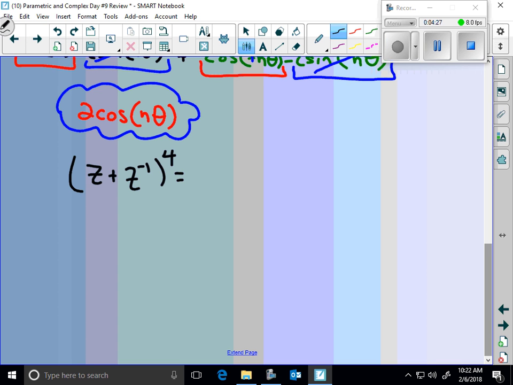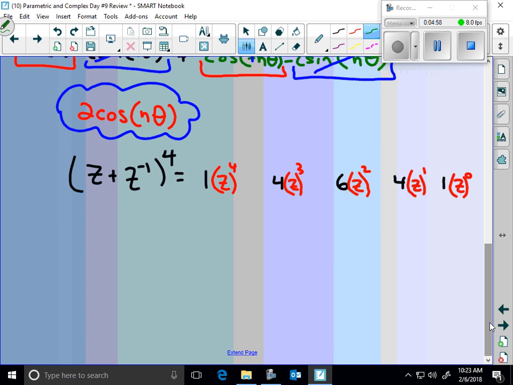Now let's expand using Pascal's triangle. Row 4, what numbers do we have? 1, 4, 6, 4, 1. Now let's talk about powers and how we're going to decrease and increase. This would be z to the 4th, then z to the 3rd, z to the 2nd, z to the 1st, and z to the 0.